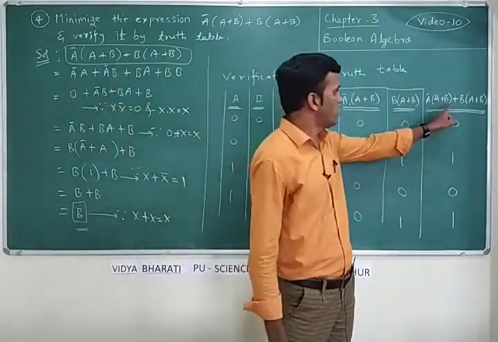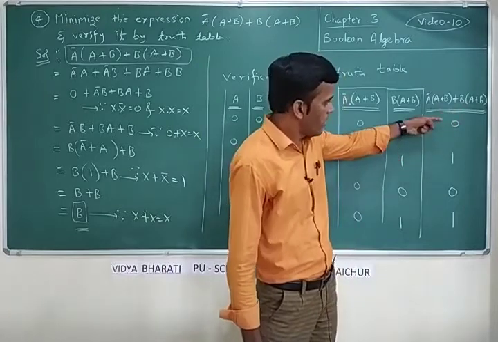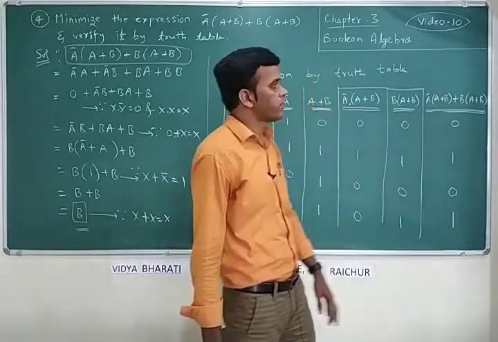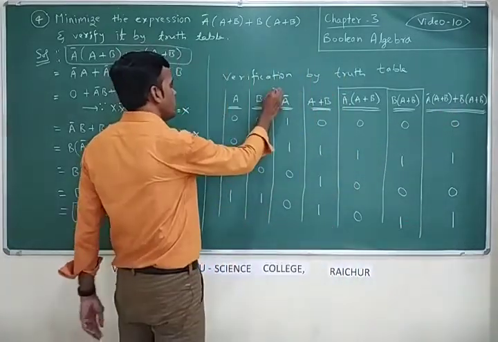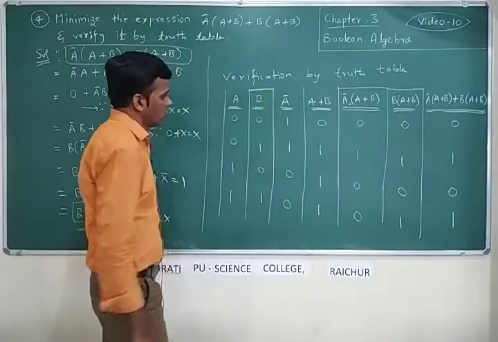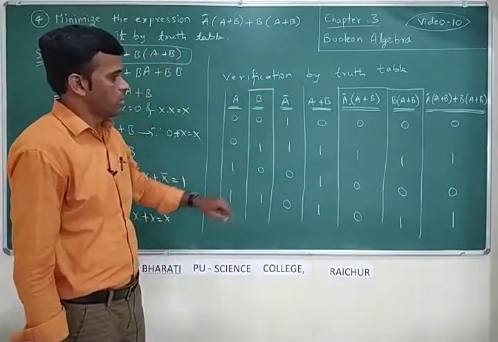If you observe the given expression, we have 0 1 0 1, and in the column b here also we have 0 1 0 1.